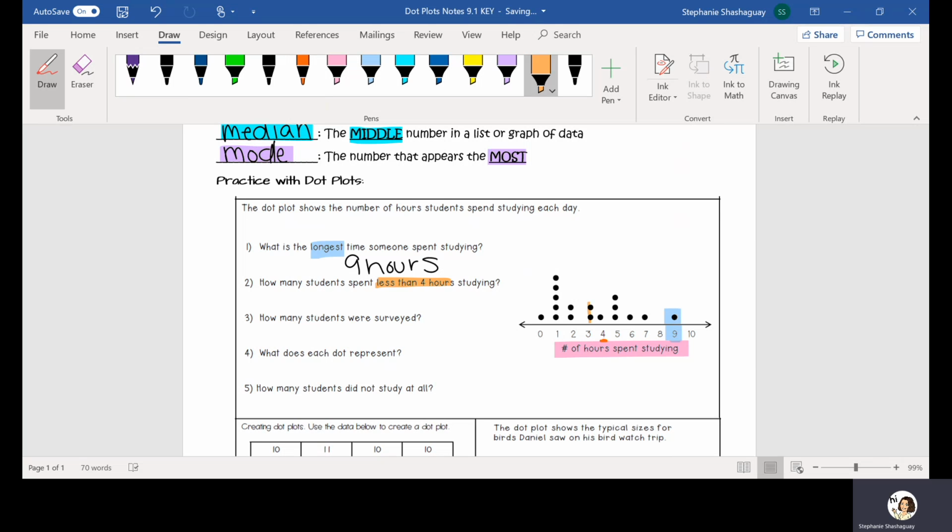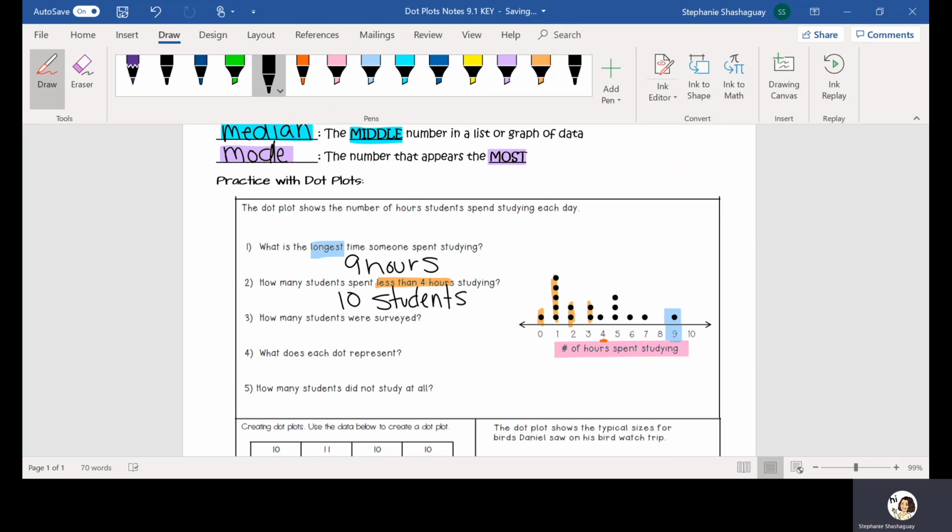So it's not going to include my 4, but it's going to include these students, these students, these students, and this student. Well, that's 1, 2, 3, 4, 5, 6, 7, 8, 9, 10. 10 students spent less than 4 hours studying.